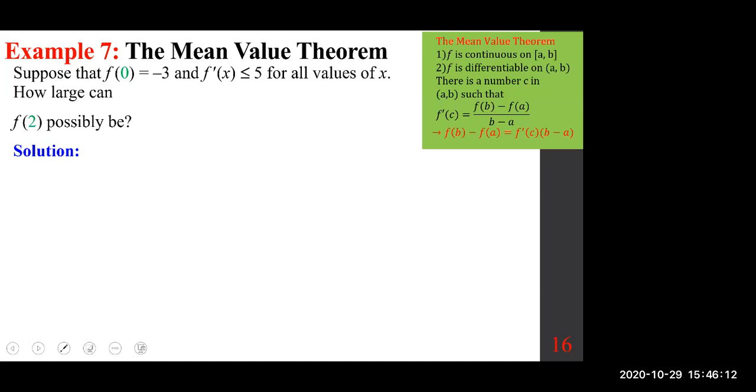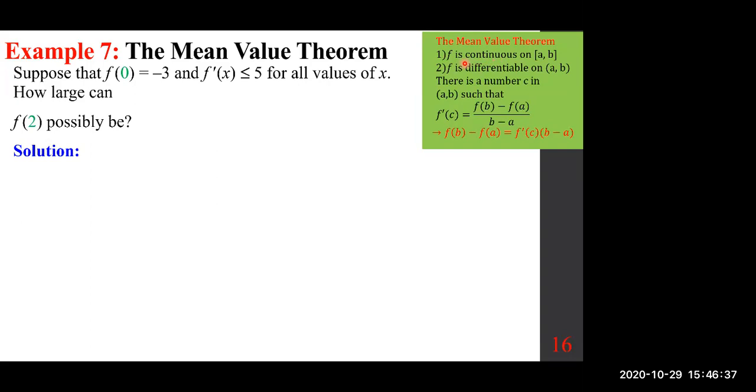If we look at the mean value theorem, this function is continuous and differentiable in the interval of a to b. First of all, what is a? 0. What is b? 2. So a and b, we need to know what they are. Then how do we know they are continuous and differentiable?